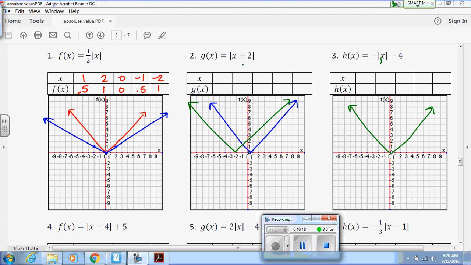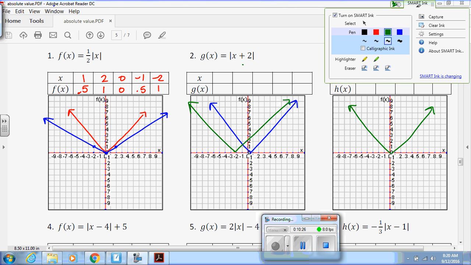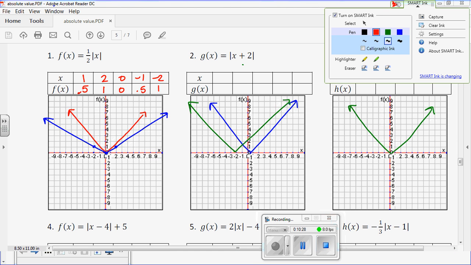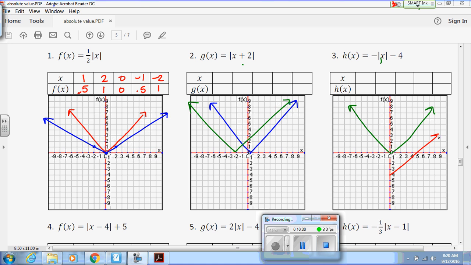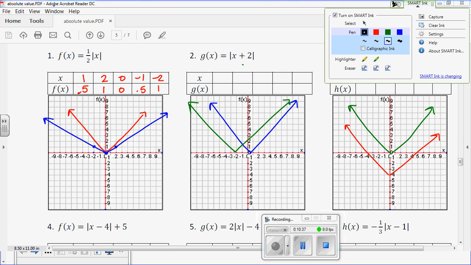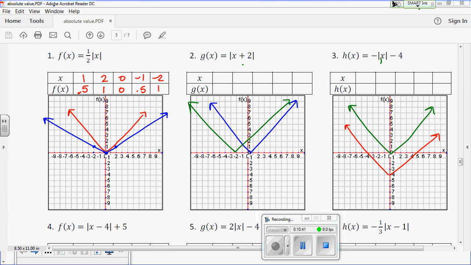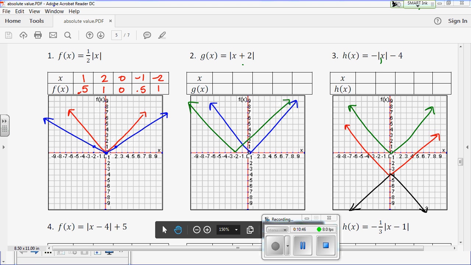And then minus 4, what does minus 4 do on the outside? It just slides it down, right? So here's minus 4 on the outside. And then what does the negative do? Flips it. So it would be this right there. The black one is the final product.